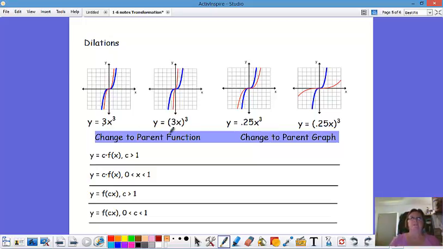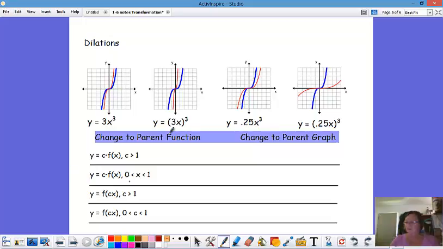Notice again that these are all accomplished by multiplication, but the multiplication is of different absolute values. Here it's the number 3, here it's the number 0.25, and it's also whether we multiply the function by 3 or whether we use as input to the function 3 times x. Okay? They give different reactions.